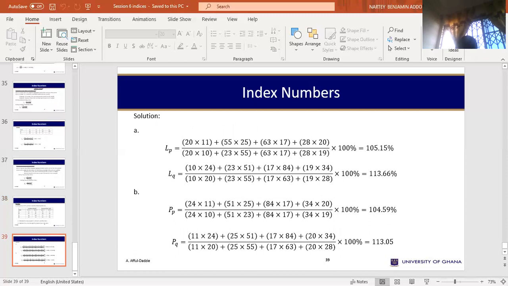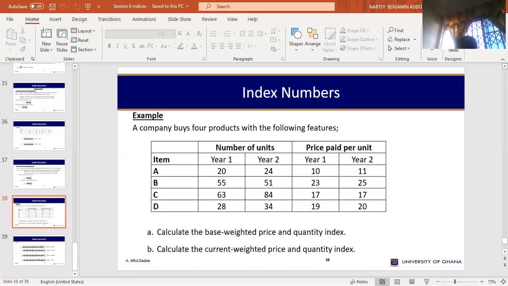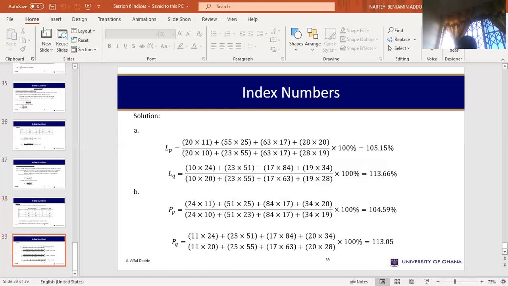The 20 is the year 1, and that is the base year, multiplied by the current year, which is 11. 55, year 1 and the base year, multiplied by the current year, which is 25. 63, 17, 28, 20. This one is not difficult, so I'm sure.